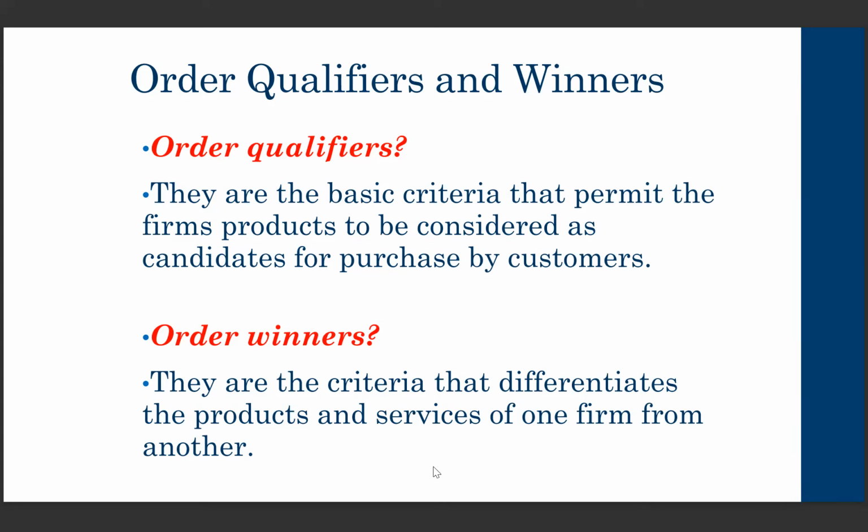And what are order winners? There can be different kinds of car brands. I'm not much into cars, but I'm sure that there are many types of car brands in the market. And to be an order winner, the brand needs to differentiate the products and services of one firm from another. For example, BMW, Audi, Ferrari, Toyota, Honda, they have something special.